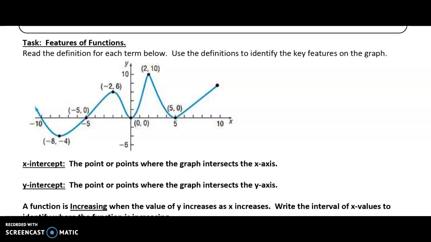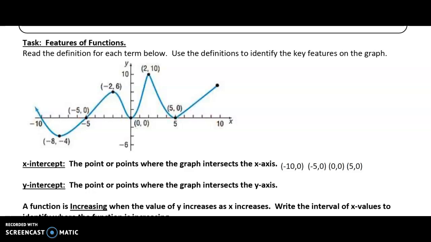So the first feature is x-intercept, and it's the point or points where the graph intersects the x-axis. So we can see where this graph definitely does that. So we need to make sure that we know exactly how to write the answer for what are the x-intercepts of a function.